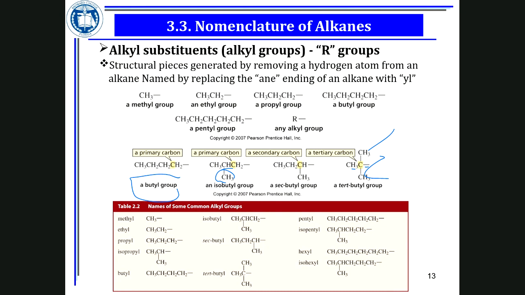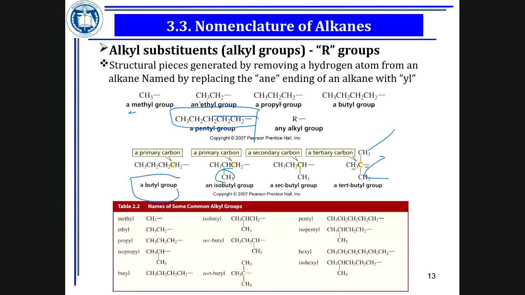And then you have your methyl, ethyl, propyl, and then butyl with pentyl, if you had it. Okay. So you have this box, table 2.2, for you to memorize names for branches.